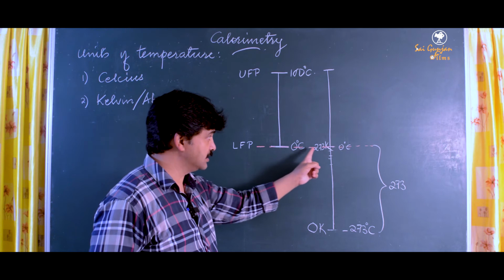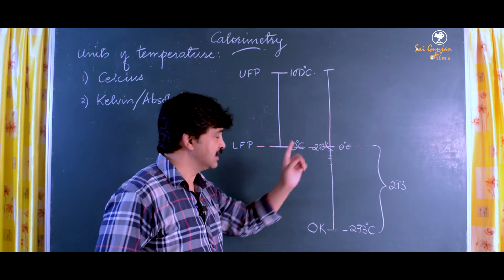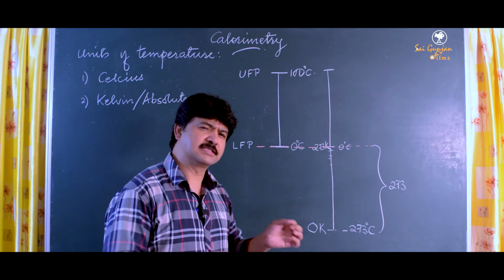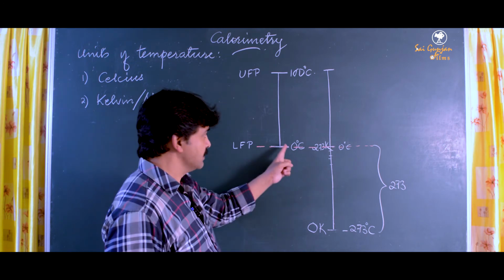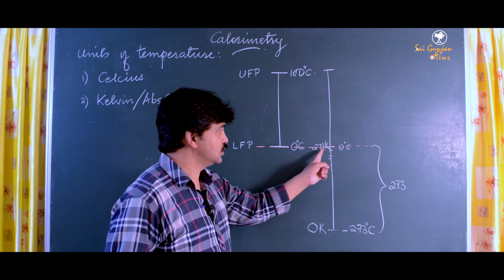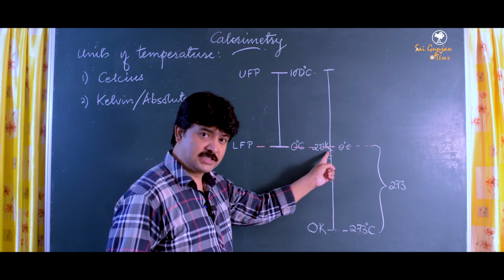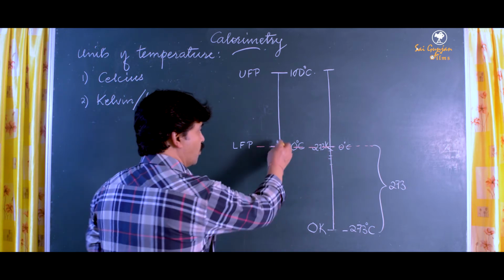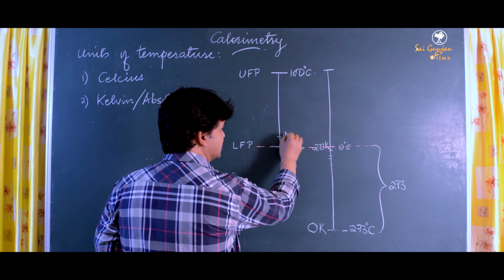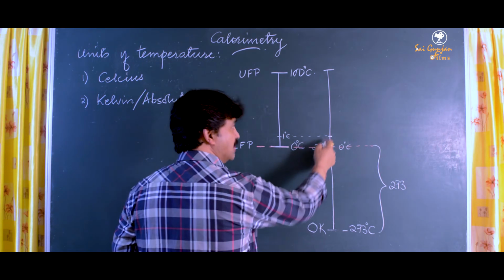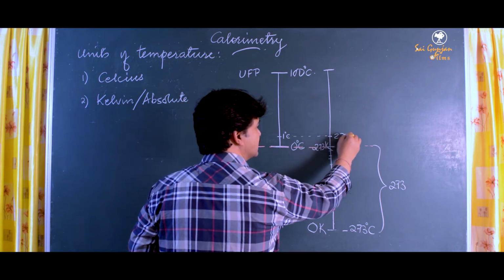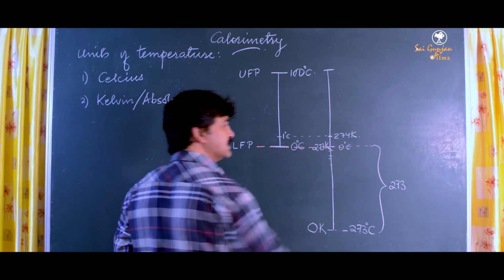This is 0 here, this is 273, but they mean the same temperature. It's like saying 1 hour and 60 minutes. So 0 here becomes 273, isn't it? So 1 degree Celsius here means it has to be 1 more than this, that means 274 Kelvin, isn't it?